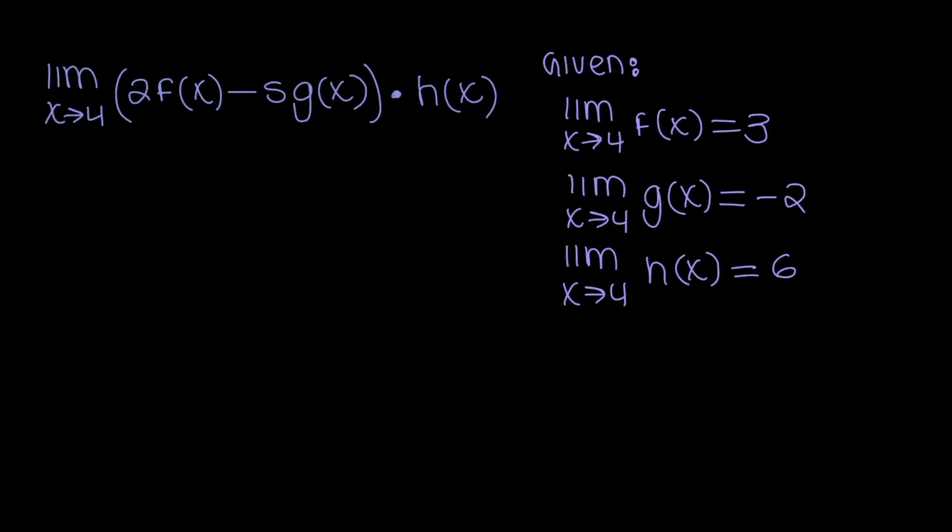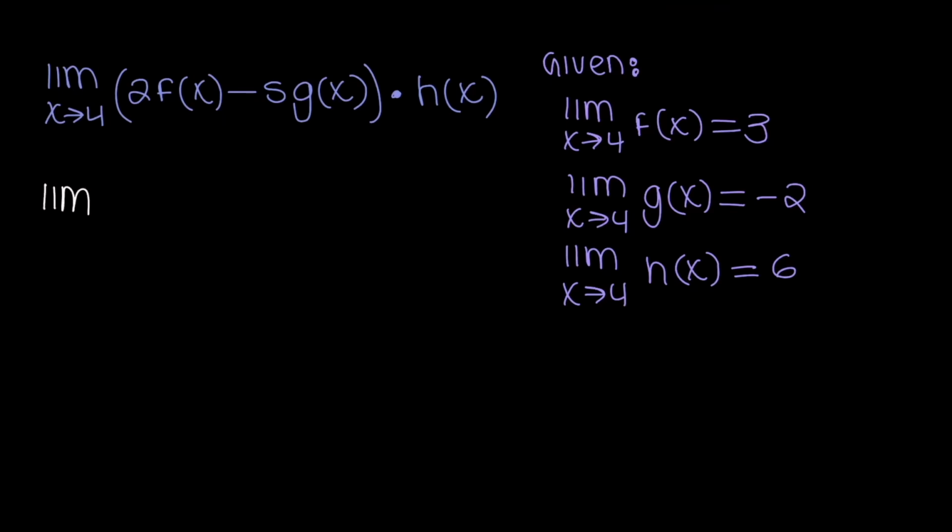Here's our second problem on limit laws. Once again, it's a simple plug and chug. We can start by expanding with limit laws, so I'm going to distribute this over.